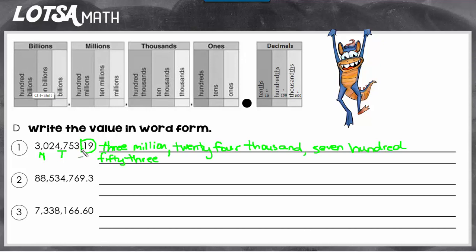When you get to the decimal point, you don't write 0.19. You still have to show the standard way of saying the number. So in decimals, when you see the point, it actually stands for the word and. So and then we don't just write 19, we have to write 19.